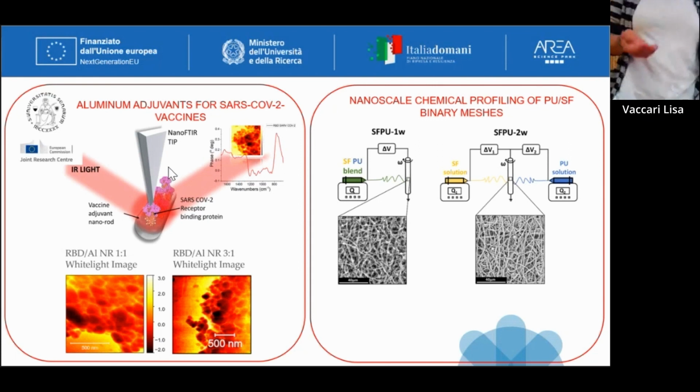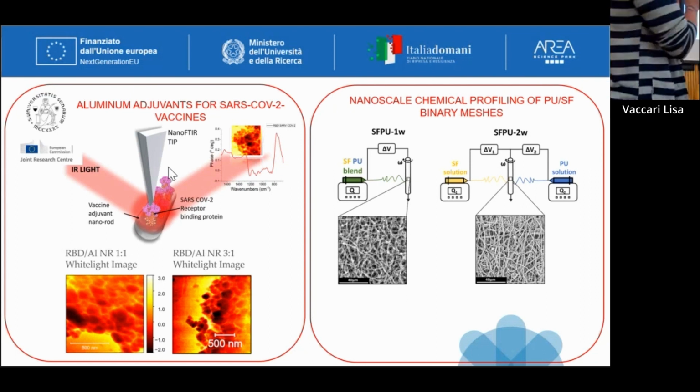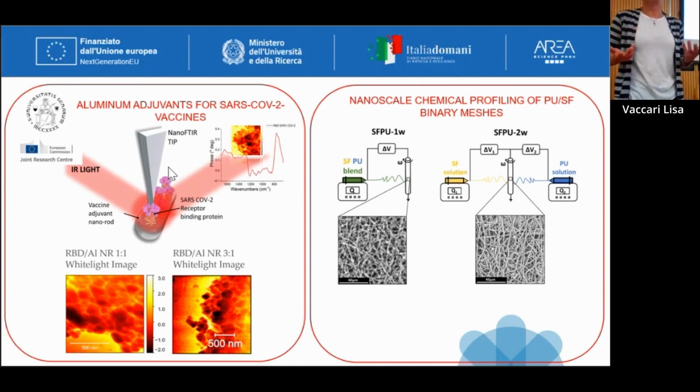Most of the time, your vaccines are administered with adjuvants, like aluminum adjuvants, which is one of the most popular. The point is the following. I have my molecule. My molecule works perfectly as a vaccine in suspension, for example. And then I put it with these adjuvants for promoting the immune response. But the point is, which is the folding of this guy on the adjuvant?